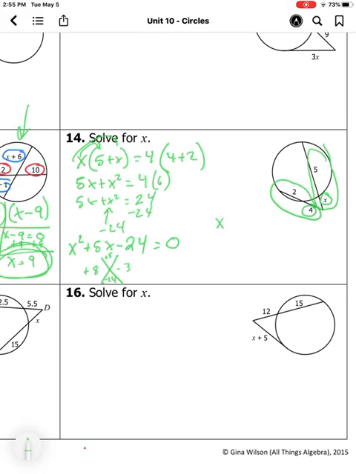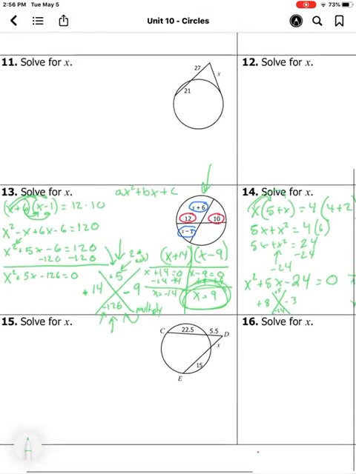So I have x plus 8 times x minus 3. Set each equal to 0. I subtract 8, I get x equals negative 8. I'm not going to be using that one. I add 3, I get x equals 3. There's our answer right there.